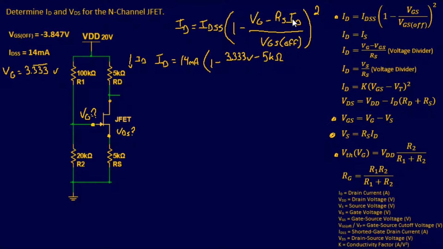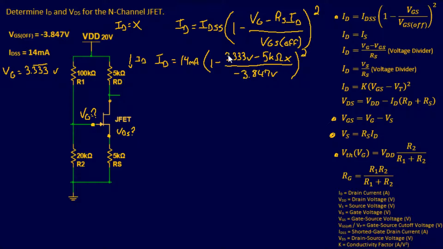For our ID right now, our drain current, I'm actually going to say our drain current equals X for now, just to make it easy on me. So this is times X. And this is going to be over our cutoff voltage, which is negative 3.847 volts. Close parentheses and square it.